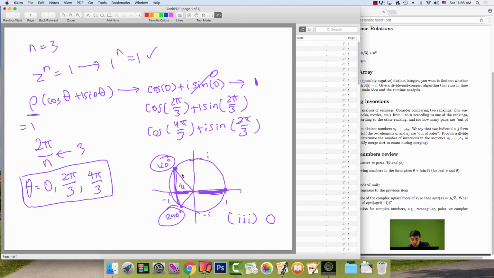And this is especially useful when we have nth roots of unity where n is a power of 2. Okay, so the purpose of this problem is mainly to get you geared up for learning about the fast Fourier transform.